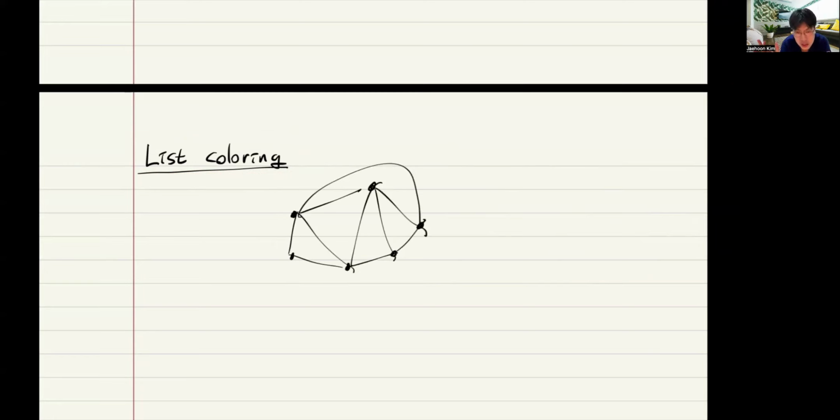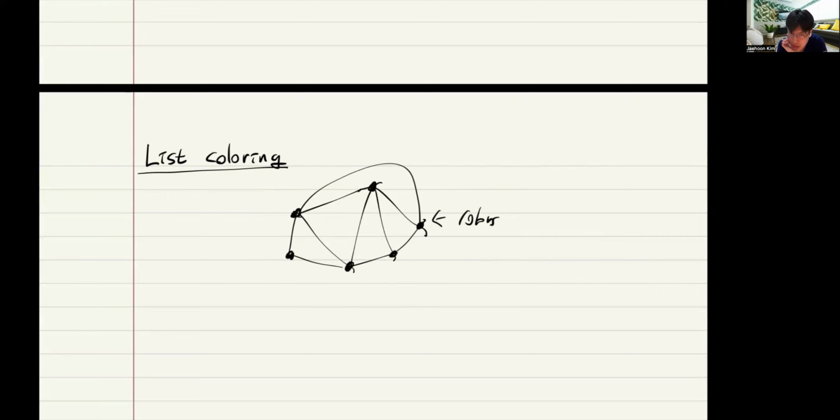And there are many situations. These vertices could represent lots of other things, and the colors could also have many meanings, depending on what problem you are working on. That can be captured by this graph theory problem. In some cases, we are assigning colors to each vertex, and now we are assuming that at every vertex the same set of colors is available.